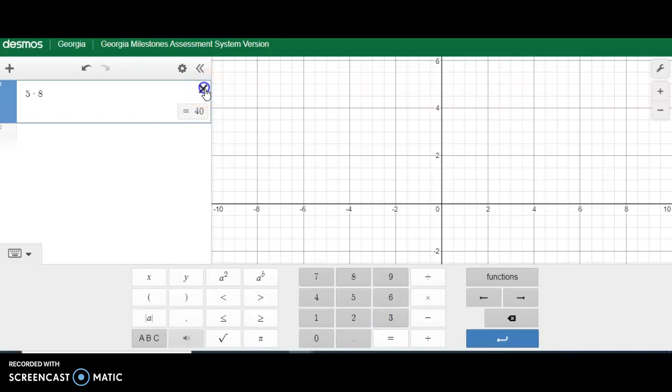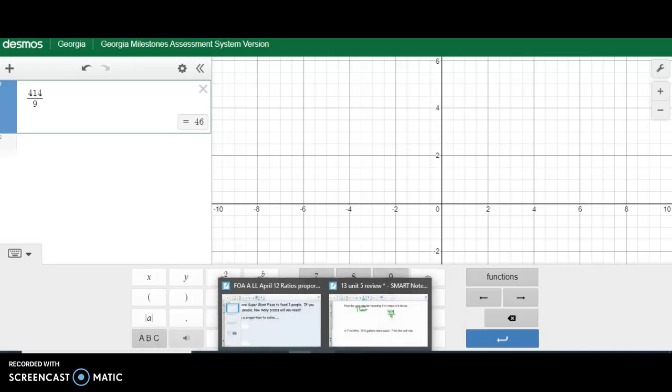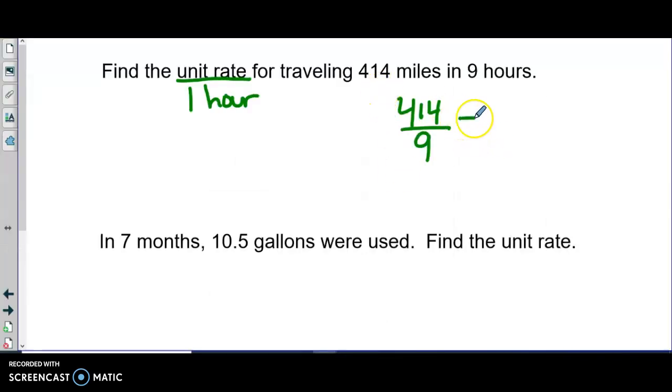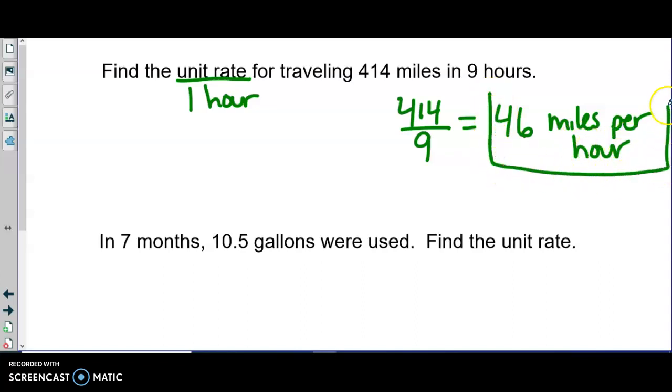So let's do that. 414 divided by 9. So that means we go 46 miles per hour. In each hour, we go 46 miles. So that's our unit rate: we go 46 miles per hour.